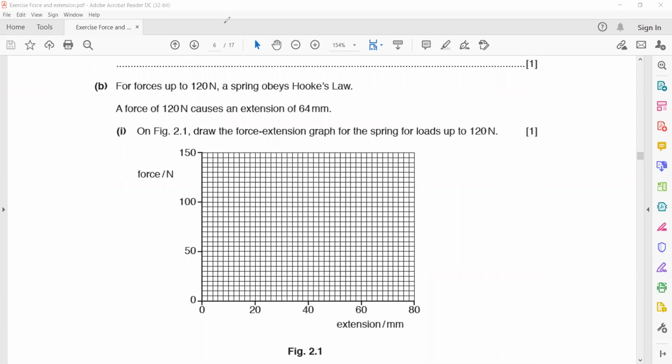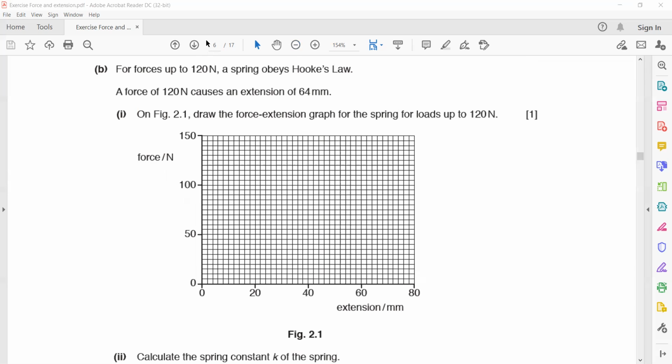Then the second part, part B. A force up to 120 Newton, the spring obeys Hooke's law. So when the force is 120, extension is 64. Each box is representing 5, so this is 110 and this is 120. The extension is 64. Each box is representing 2, so 62 and 64.